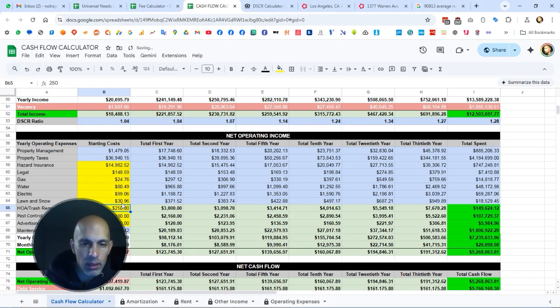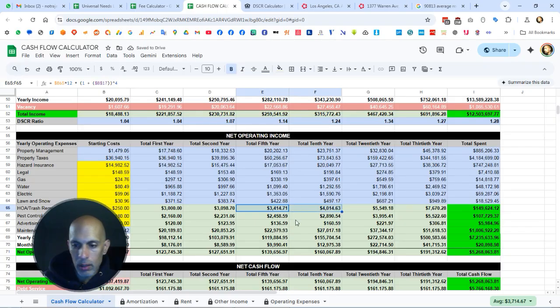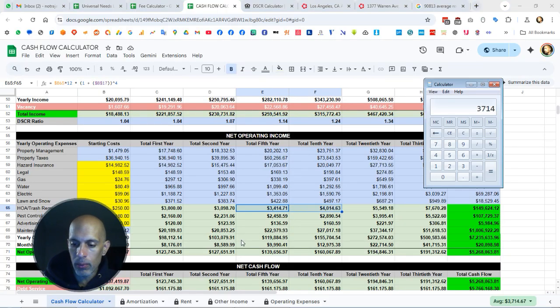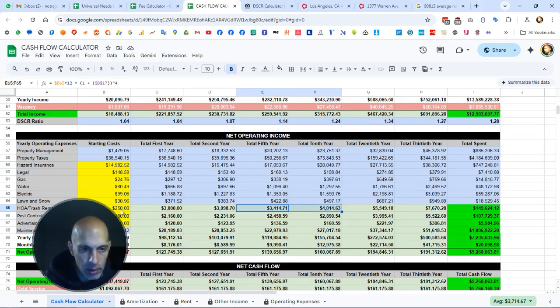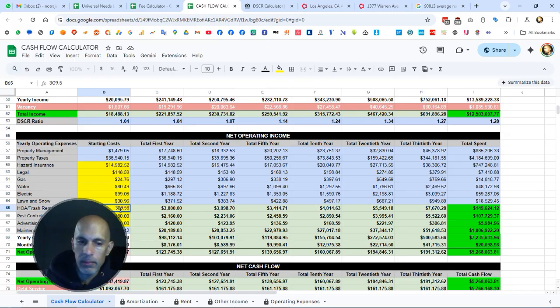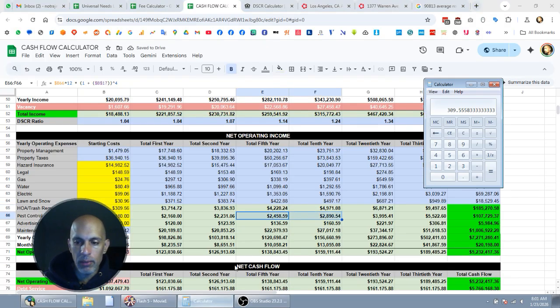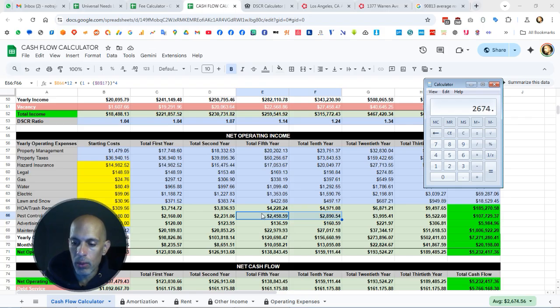Here we're at 3714.67 divided by 12. We're at 309.56. $2674.56 divided by 12, 222.88.